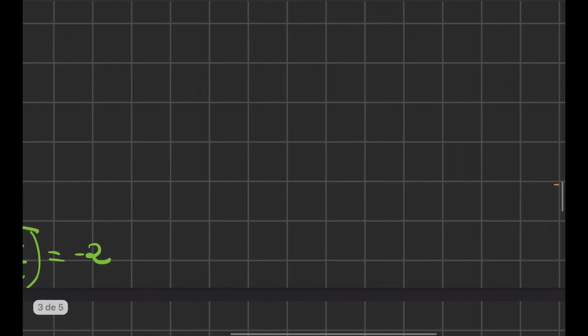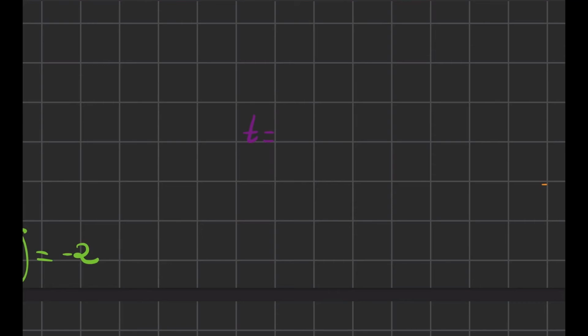For t equals 3 pi over 4, x would be 2 sine(2 times 3 pi over 4 plus pi over 2).